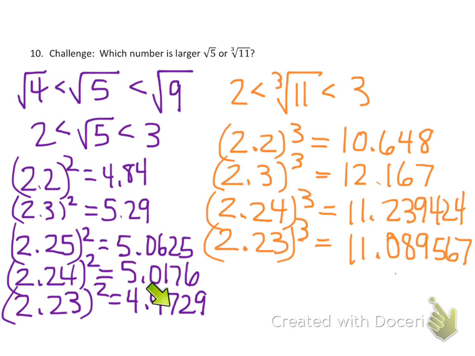But what I know over here is that the cube root of 11 is going to be less than 2.23 because 2.23 is too big.